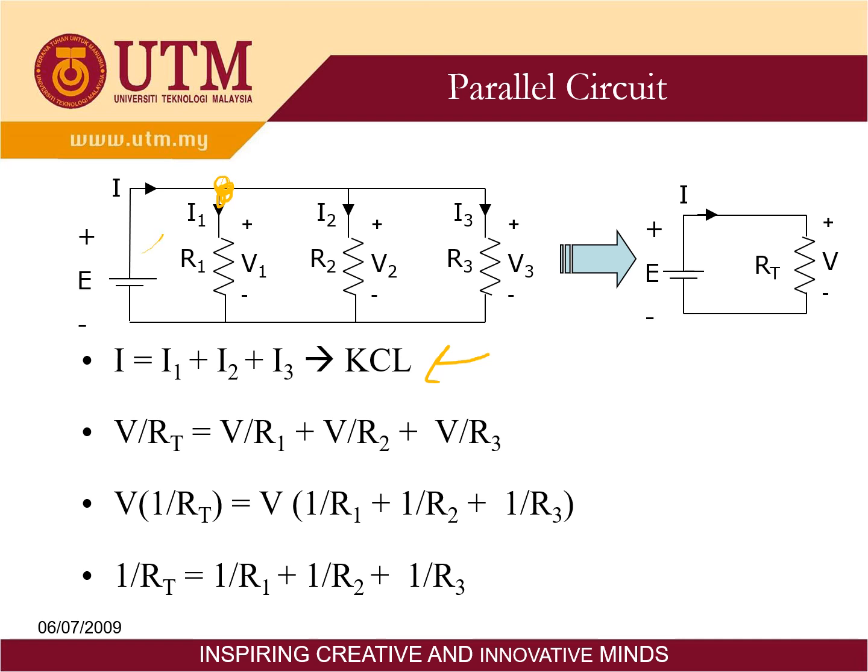So V over RT equals V over R1 plus V over R2 plus V over R3. You just manipulate this, move things around, and you get this equation. So this is how the equation is derived.